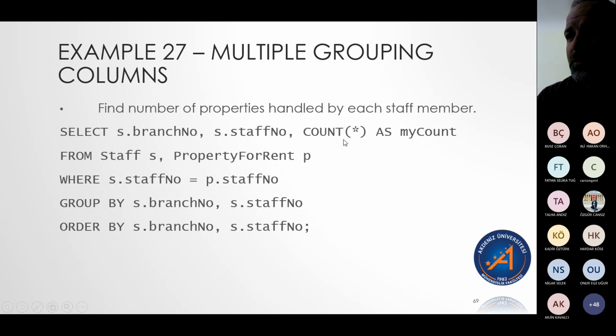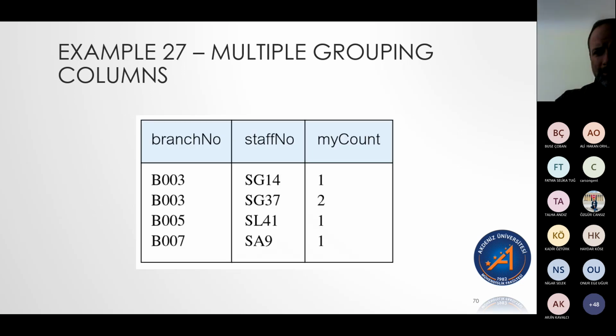And then we count them using the group by. Just like we said before, any column that's not part of the aggregate function must show up in the group by. It doesn't have to show up in the order by, but it does have to show up in the group by.